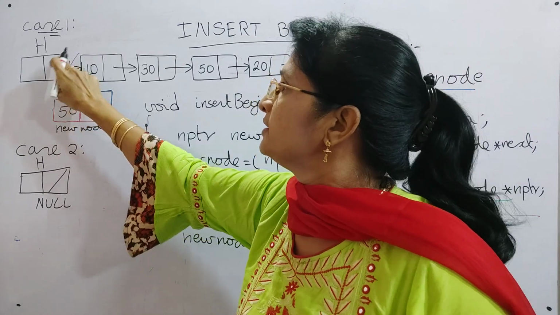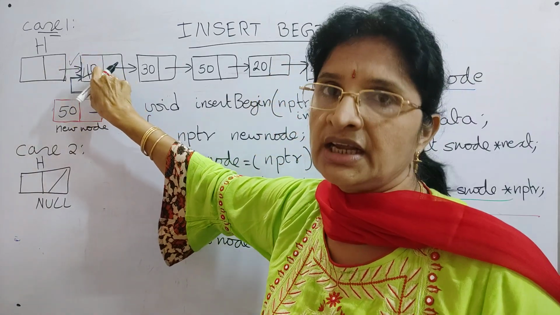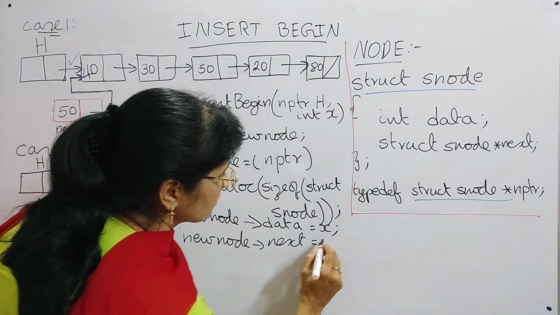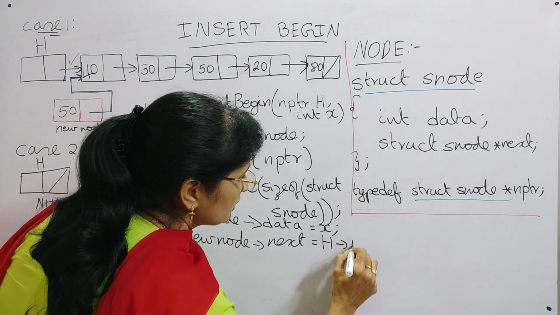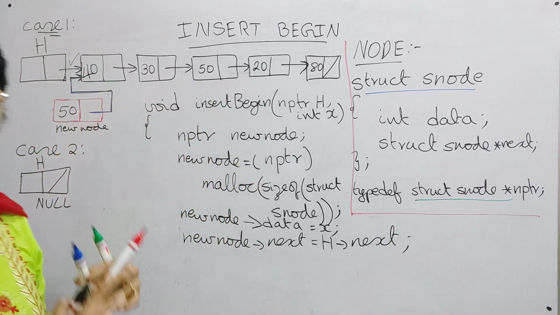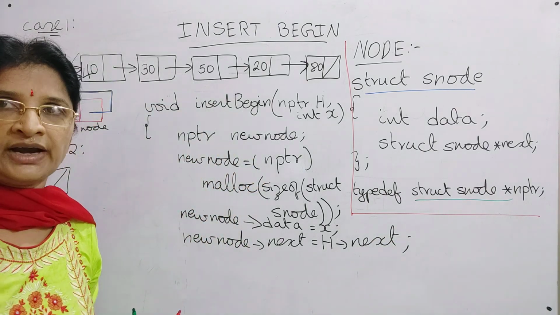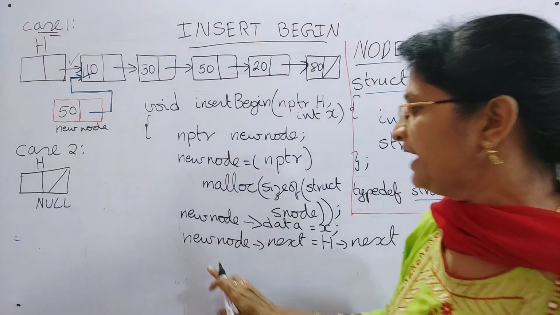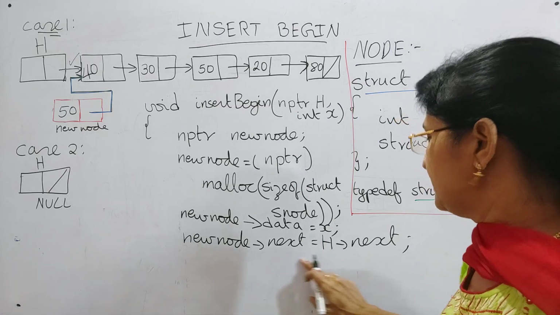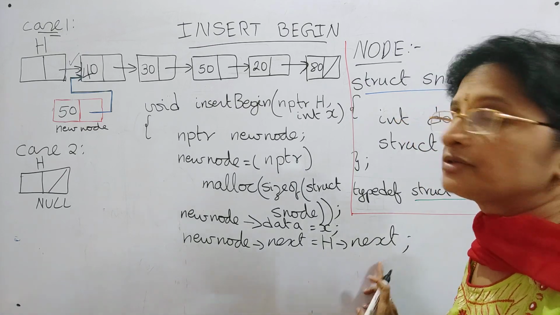Whatever is there in the h next, we are going to assign it. So suppose you give new node next is equal to h next. So here two conditions will be satisfied. For example, what we are doing, new node next is equal to h next. So that means what?